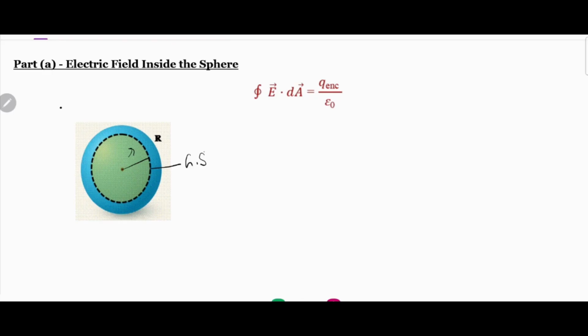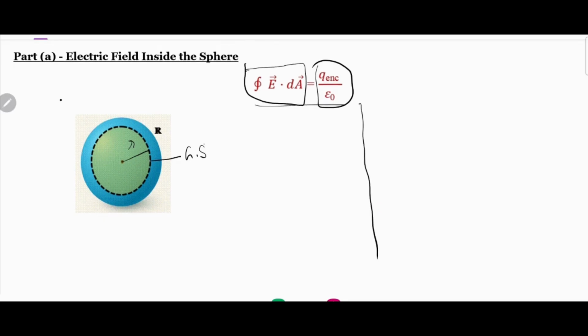To find the electric field via the Gaussian surface, we evaluate each side of the Gauss law separately. So this is Gauss law. We will evaluate this integral separately and this part separately. If you observe the left side, E dot dA.